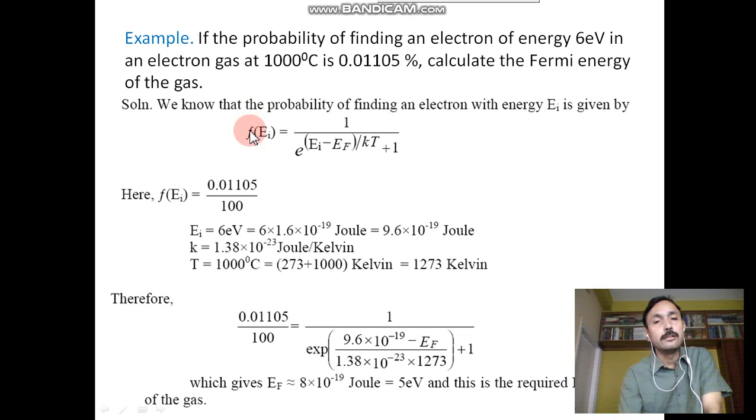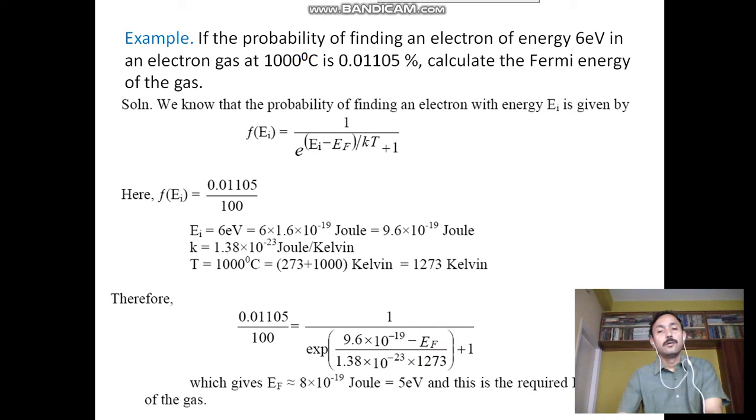Now putting these values here, 0.01105 by 100 is equal to 1 by e to the power (E minus EF) by KT. We know E, we do not know EF, we have to find out EF. K is known, T is known.